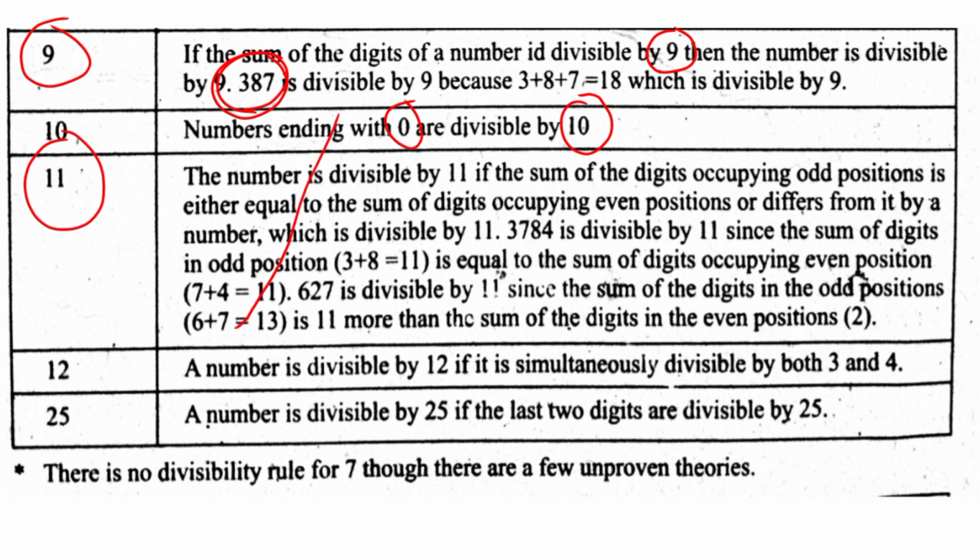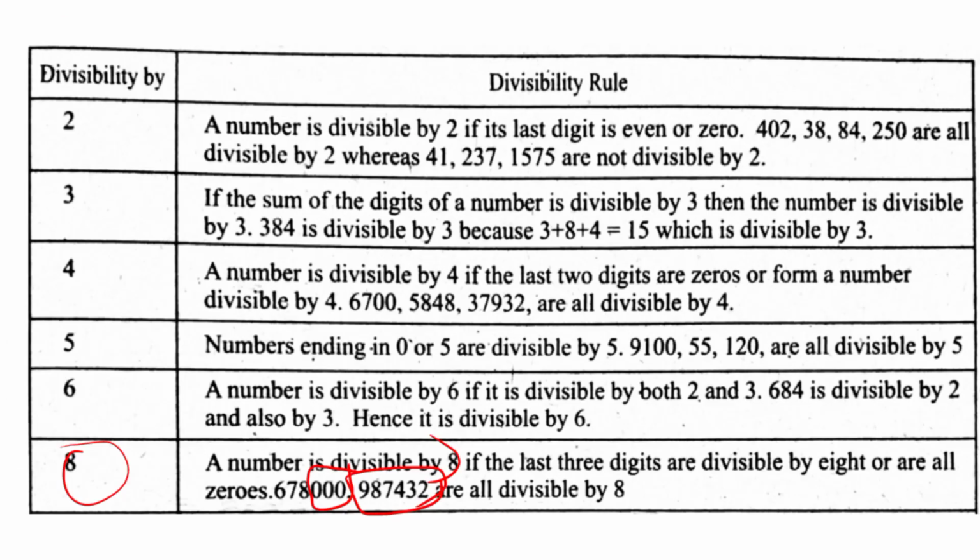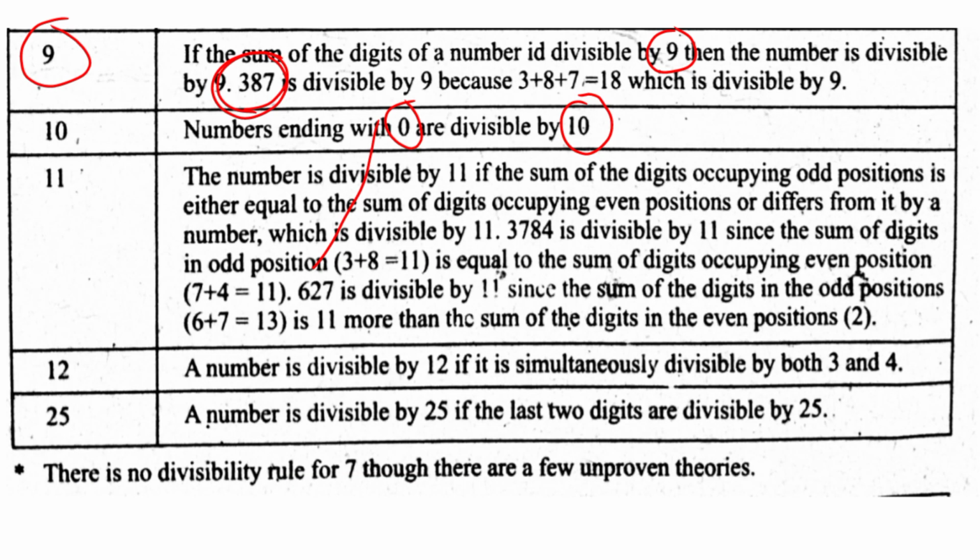So how can we conclude this divisibility rule? In this case, for 11, suppose we have this number 3784.